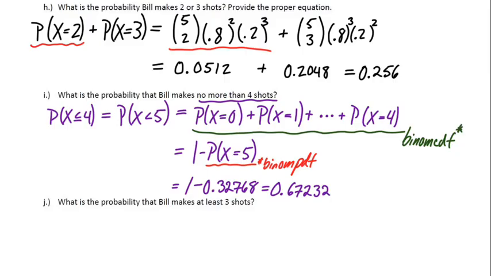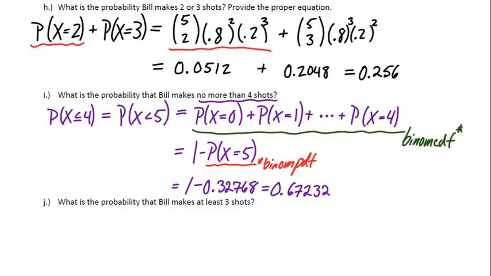So that's the probability that Bill makes no more than 4 shots. So either way you want to go, you want to use Binomial Cdf, that works well. If you want to do 1 minus this individual case, you could just do PDF for the 5 case. You should get this answer regardless.